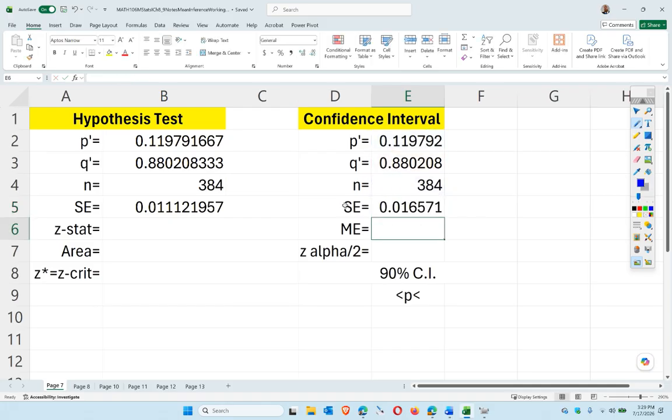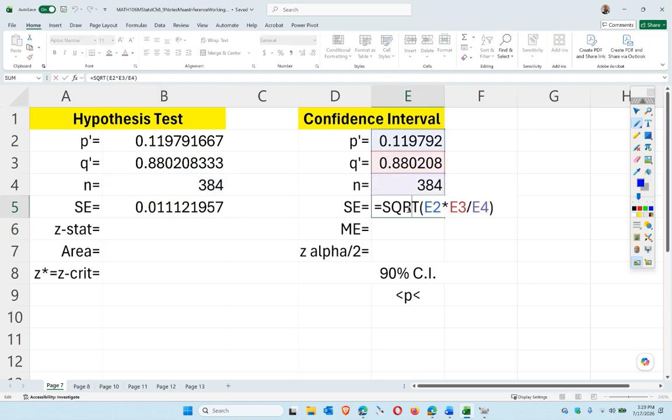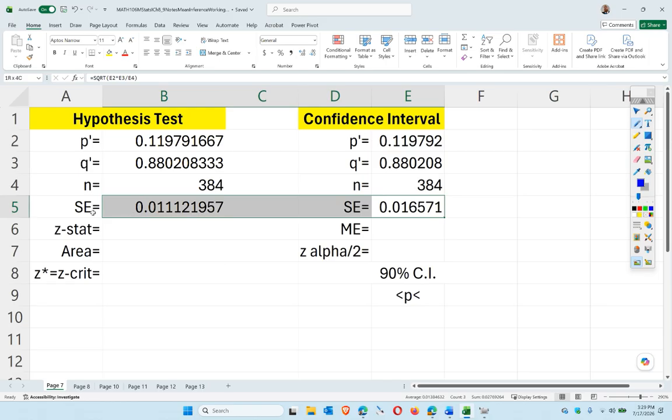You're like, wait a minute, why is it different? Well, the hypothesis test is looking at the population, and the confidence interval is using the samples to find the interval, essentially. So it's not the same standard error for hypothesis test and confidence interval.